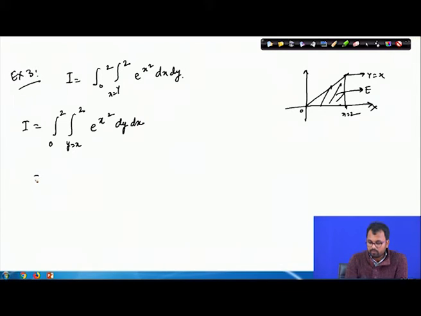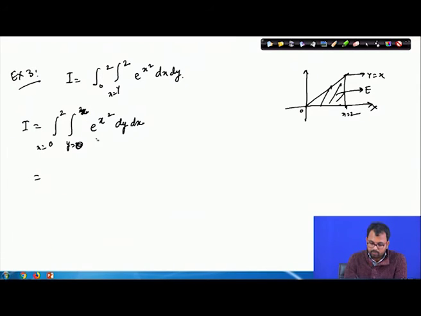So if we have done that, then when we are changing the order of integration, y is varying from 0 to 2, and x is varying from 0 to 2, and y will vary from 0 to x.